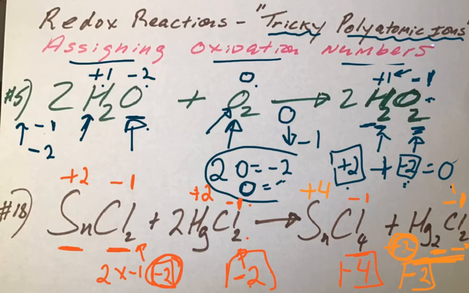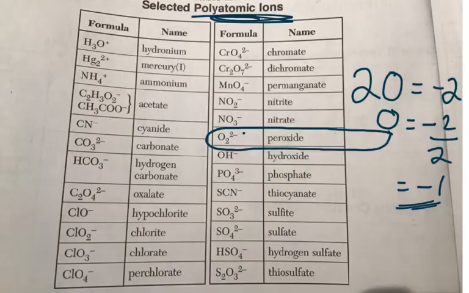So each Hg must be +1. I'll write it over here: 2 Hgs equal +2, therefore 1 Hg must be +1. And that so happens, folks, to also be a polyatomic ion, a very strange polyatomic ion, which we really don't use much. But this is a guy right here, mercury(I).